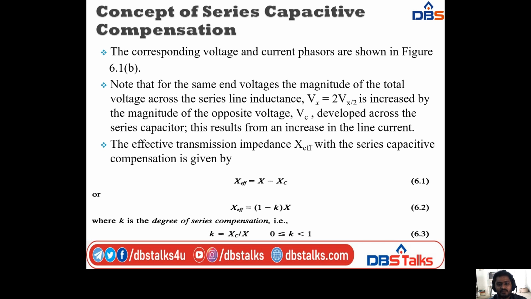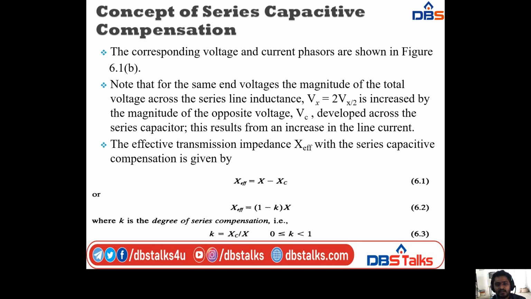Note that for the same end voltages, the magnitude of the total voltage across the series line inductance, that is Vx, which is equal to 2 into Vx by 2, is increased by the magnitude of the opposite voltage Vc. The opposite voltage Vc is developed across the series capacitor.